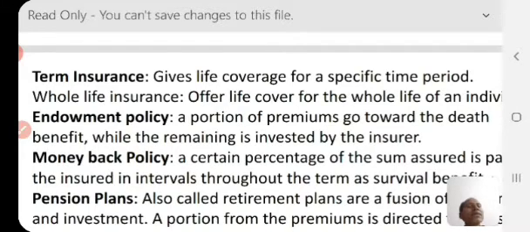If the policy is taken for 20 years, the insurance company gives the assurance to pay the compensation for 20 years if anything happens between the starting point of the policy to the maturity or the risk time. It gives life coverage for a specific time period, for a specific term. That is called a term insurance.